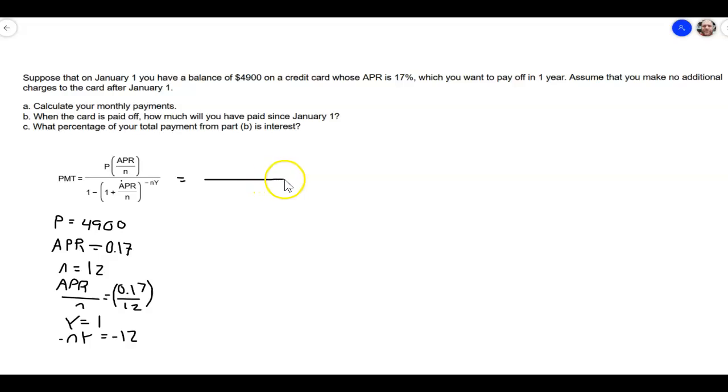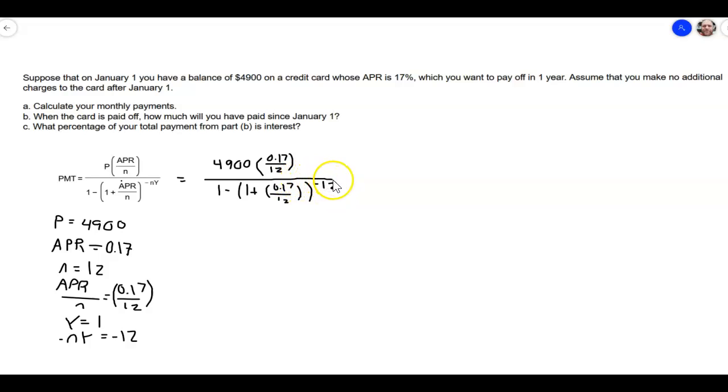So that is going to be our P, so 4,900 times 0.17 all over 12, and divided by 1 minus 1 plus, I'll put this in parentheses, 0.17 all over 12, close parentheses, to the minus 12.